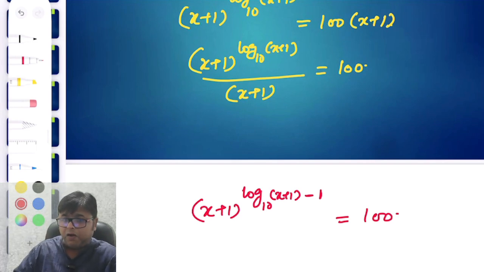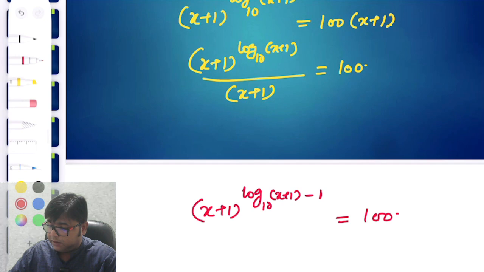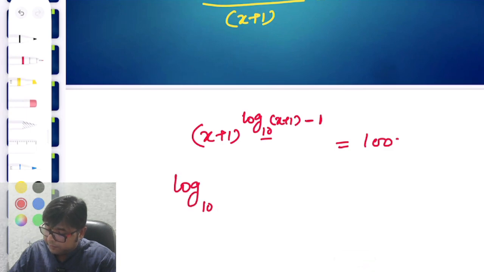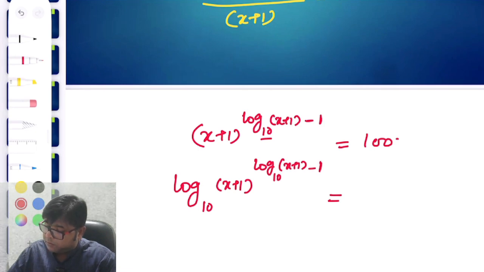Now, if I take log of both sides with log base 10, it might be very helpful. So if I take log of both sides with base 10, since base is 10 here, I'll be getting log base 10 of x plus 1 to the power log base 10 x plus 1 minus 1 is equal to log base 10 of 100.